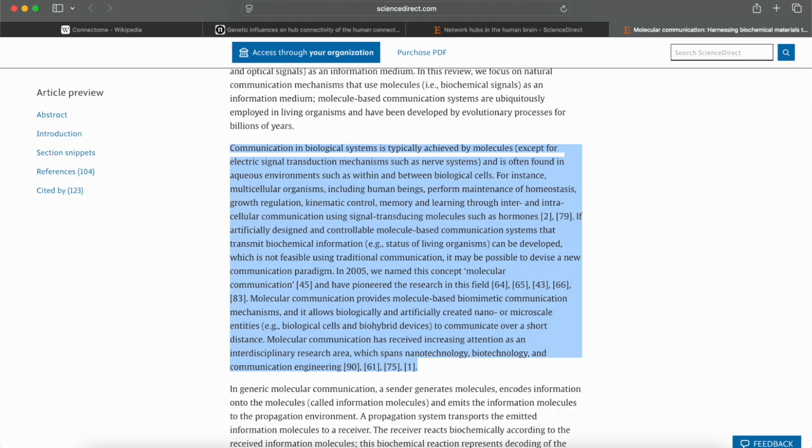Molecular communication provides molecule-based biomimetic communication mechanisms, and it allows biologically and artificially created nano and microscale entities, like biological cells and biohybrid devices, to communicate over a short distance. Molecular communication has received increasing attention as an interdisciplinary research area, which spans nanotechnology, biotechnology, and communication engineering.